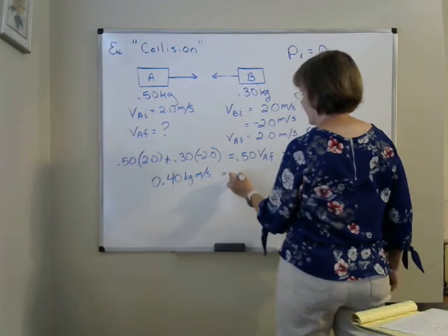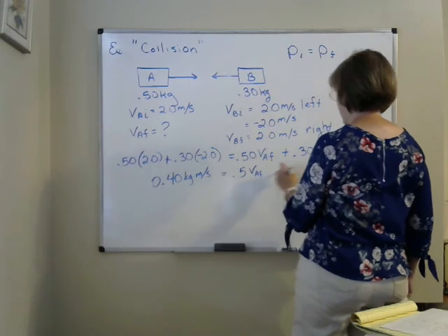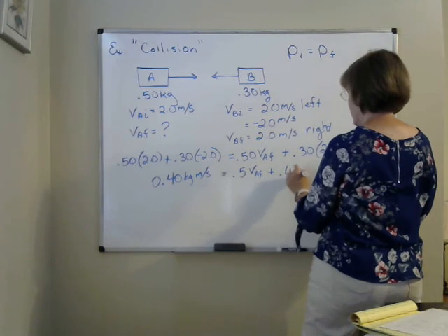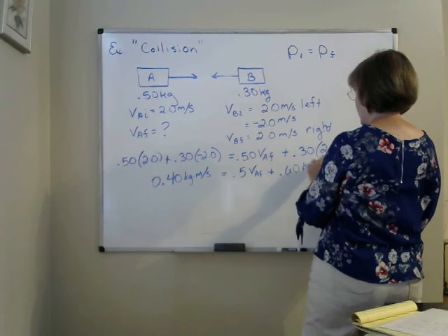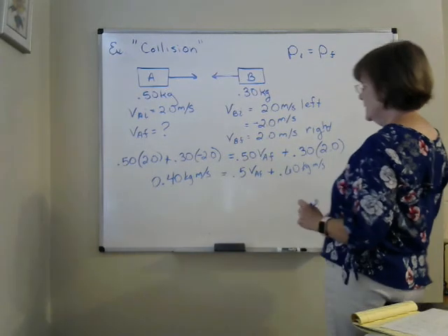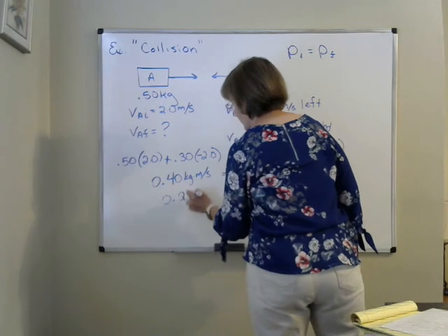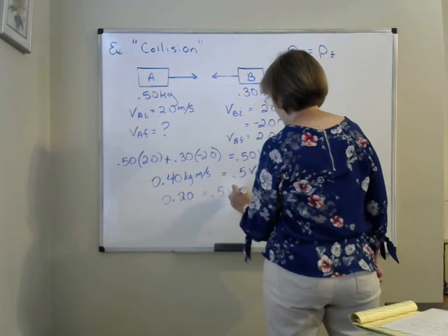Afterwards, this is 0.5 VA final plus 0.60, that's kilogram meters per second. All right, if we subtract the 0.60 from both sides, I'm going to get negative 0.20 equals 0.5 VA final.